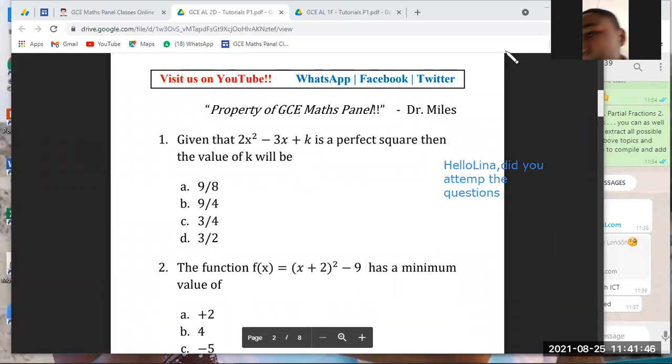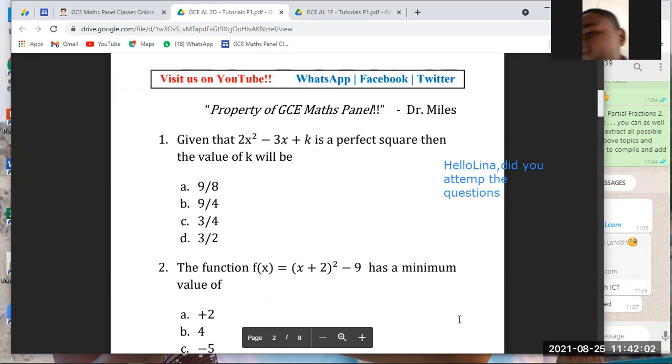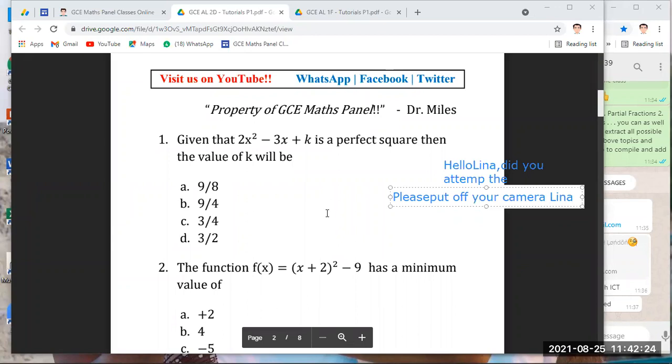All right, since you tried 5, you'll be solving some, I'll be solving some, and Roger will be doing the rest. Are we together? Yes, sir. Lina, put off your camera. That is what's making your connection slow. Your camera is slowing down your connection. I don't know if she's getting me. At least she can see. All right, she has put it off.